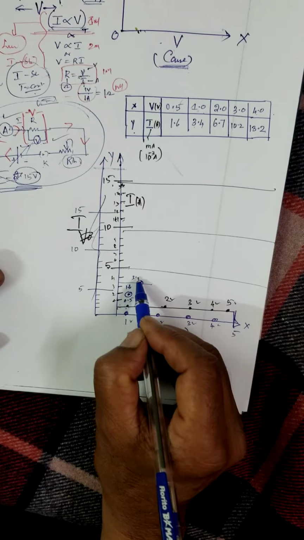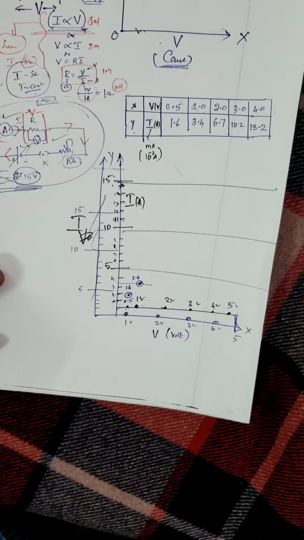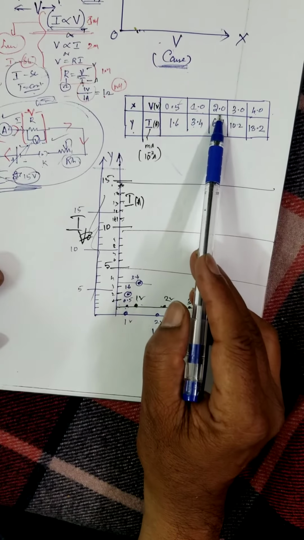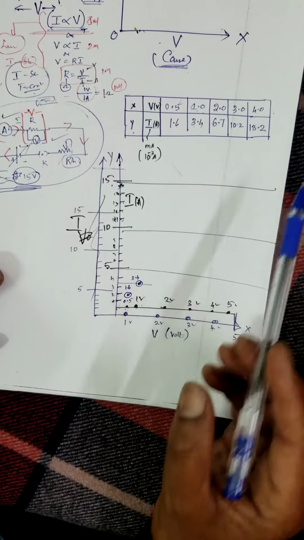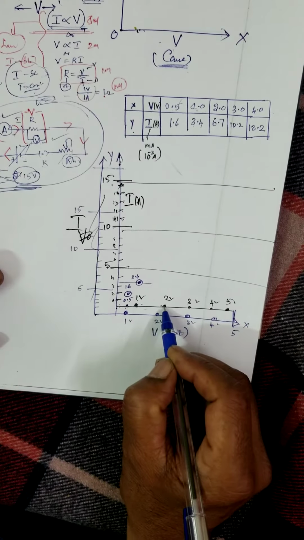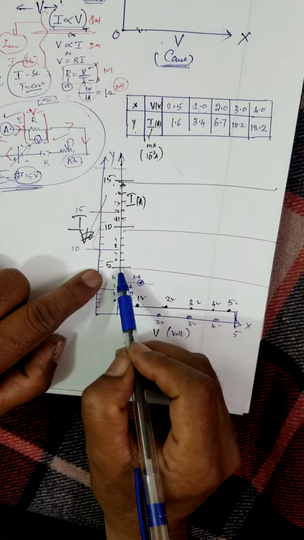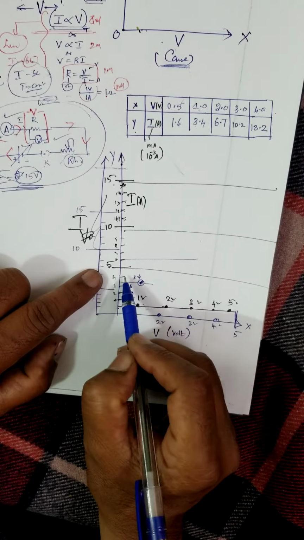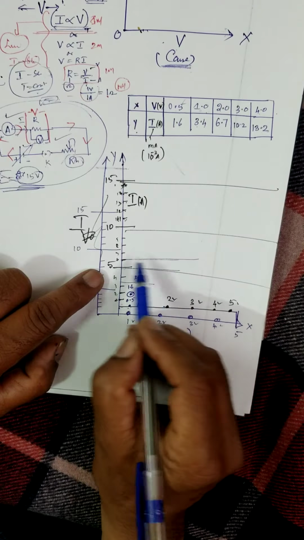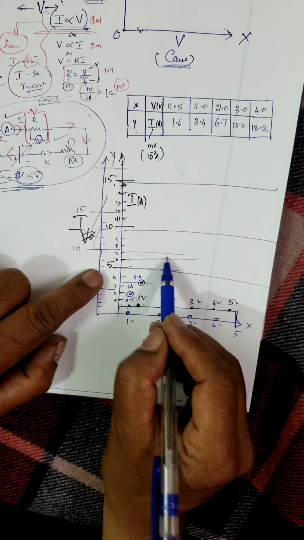This is 3.4. When it's 2 volt, it is 6.7. This is 6, right? 5, 6, this is 7, somewhere here.